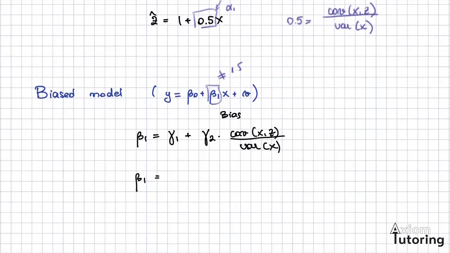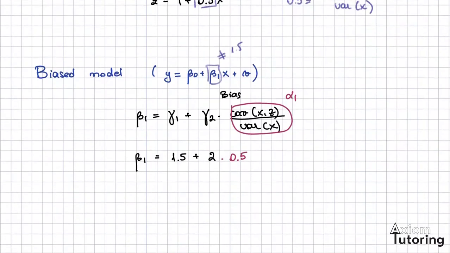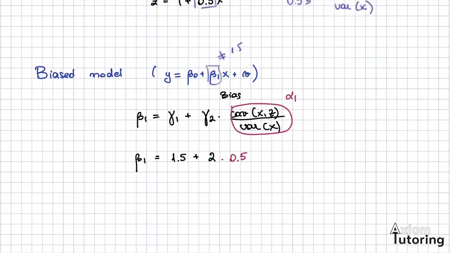So we have gamma 1, which is simply 1.5, and then we've got gamma 2 from the true model, which is exactly 2, and then we've got the covariance term, which is the alpha 1 that we found to be simply 0.5. So the beta 1 that we would have estimated should be 2.5.